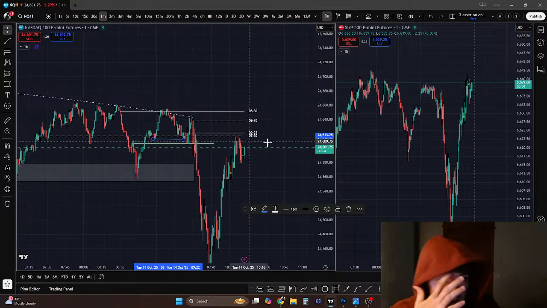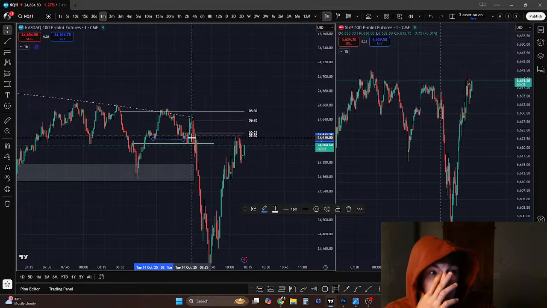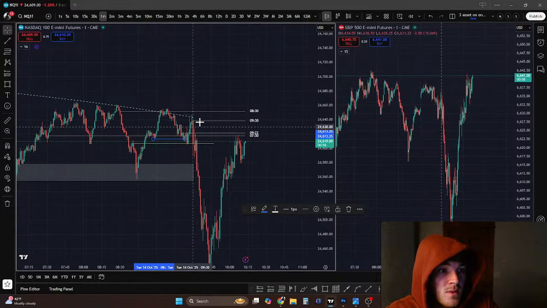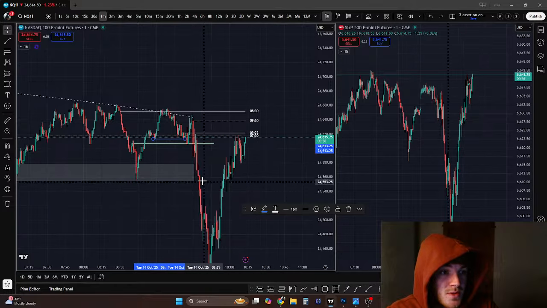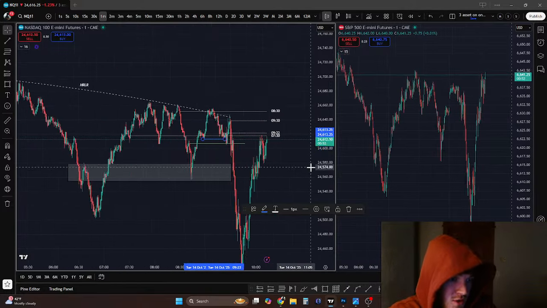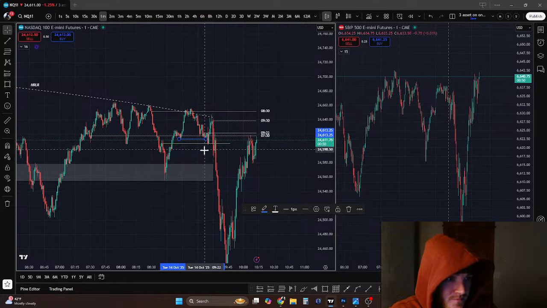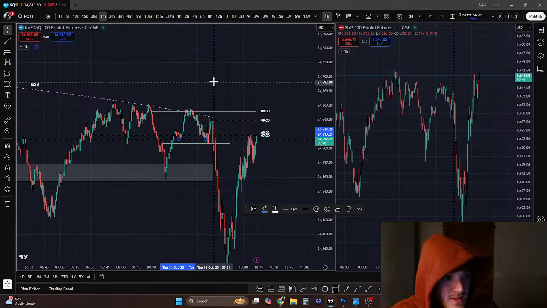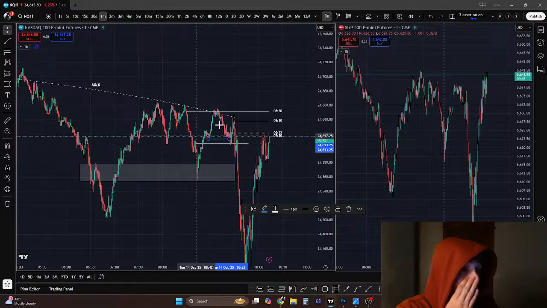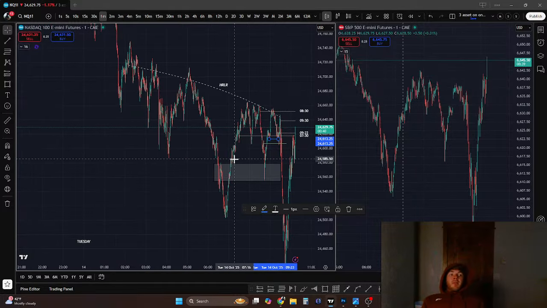We were below 730, which is the true session open. We were below 922, which is the true 90-minute open. And then I was thinking that this would just be another inducement off of this BPR. And market open definitely had other plans.